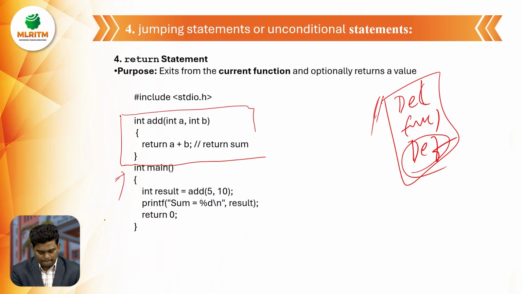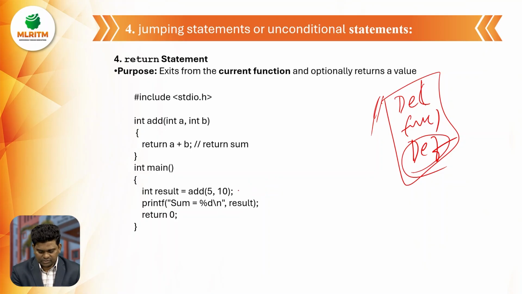Again, I can write main here. Execution begins from main. int result = add(5, 10). Now it acts as a function call. When the compiler reaches the function call, it immediately transfers to the function definition.